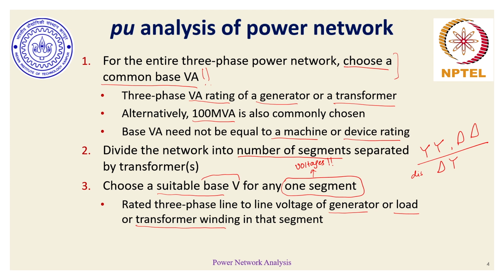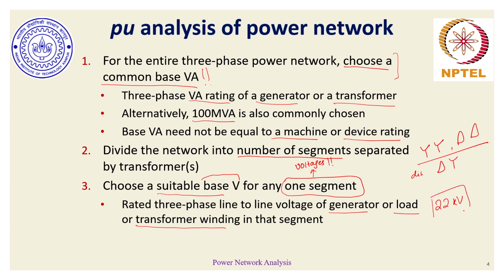Again, it need not be the same as the rated voltage of the generator, load or transformer. It could be some other convenient number. But that number chosen as base voltage should be close enough to the rated voltages present in that particular segment. For example, if a particular segment's rated voltage is 22 kV, then it doesn't make sense to choose 100 kV as the base voltage.